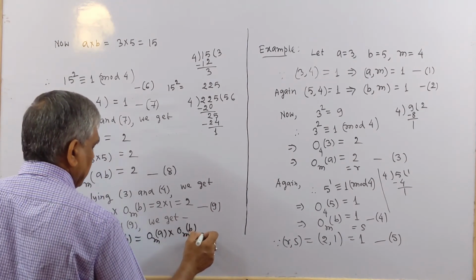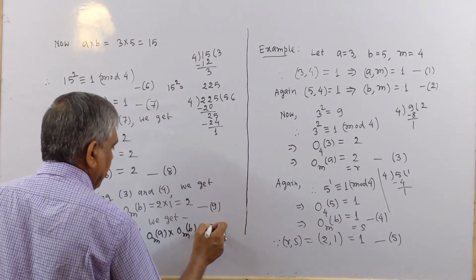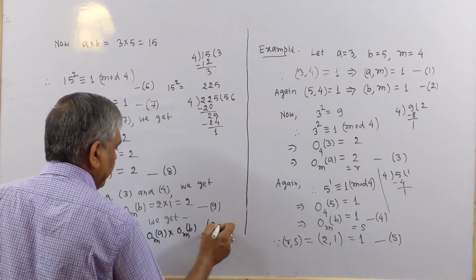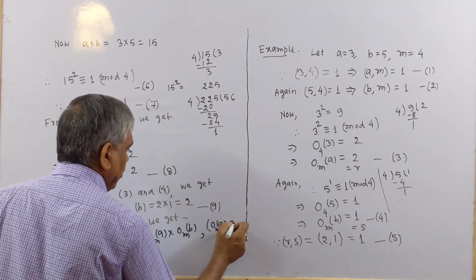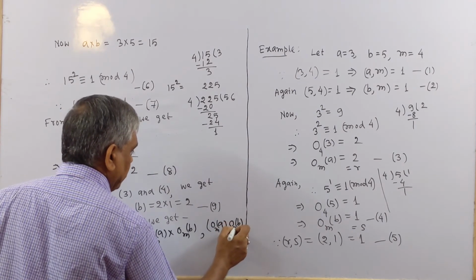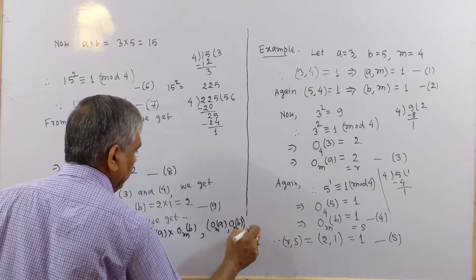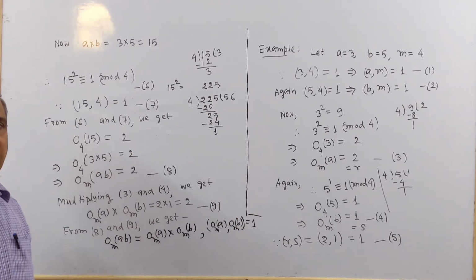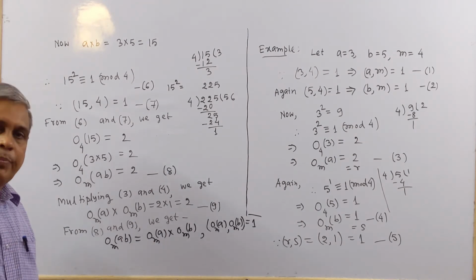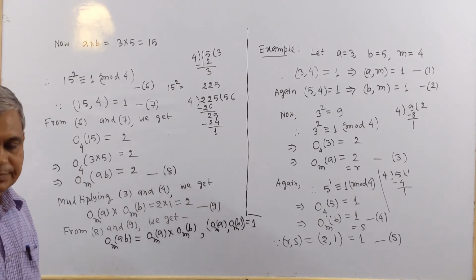Here GCD of order of a modulo m and order of b modulo m equal to 1. Therefore, the theorem holds for this particular example.